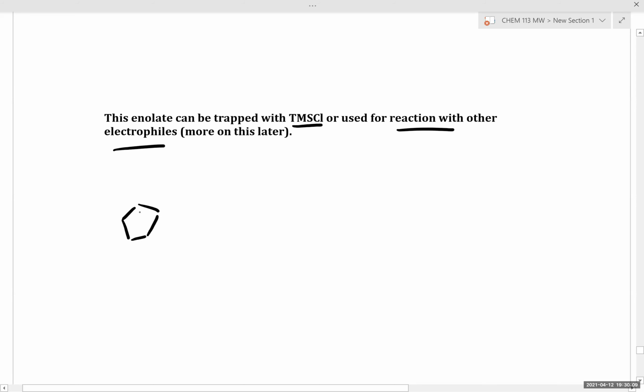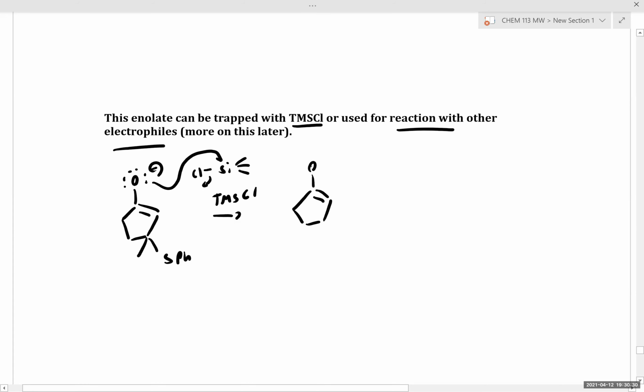So for example, if we have an enolate generated from conjugate addition, we can treat it with trimethylsilyl chloride and in turn isolate the protected enolate. So this is a way to generate an isolable enolate equivalent that can be used for further reactions. Does this idea make sense to everyone? Any questions on this idea?